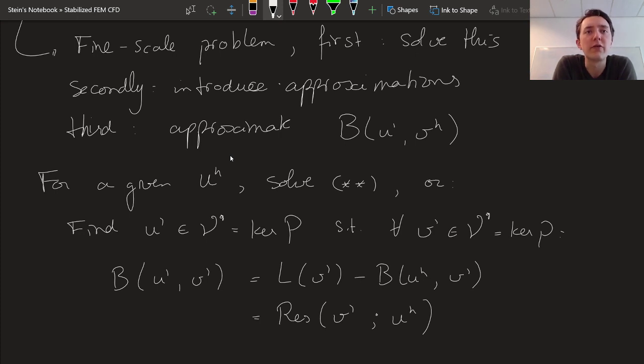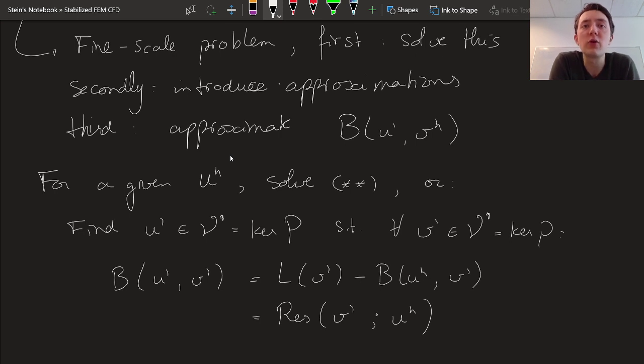This says that the fine scales are somehow driven by the residual of the coarse scales. So if we have zero residual of our coarse scales, then naturally our fine scales are also going to be zero. That's what we expect, right? If we have no residual, that means that our finite element approximation can represent the true solution precisely.